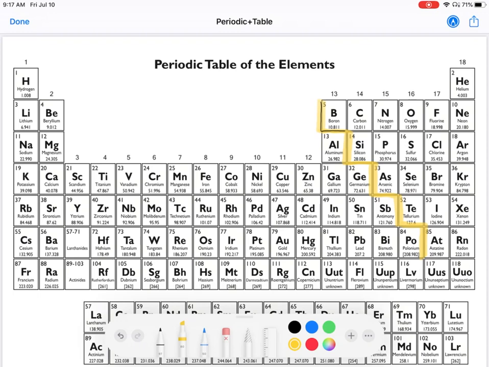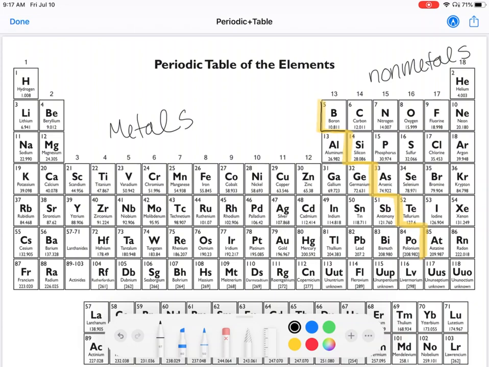And that's our dividing line for metals versus nonmetals. So everything to the left of that is a metal. So metals. And then everything to the right of that diagonal line is a nonmetal.